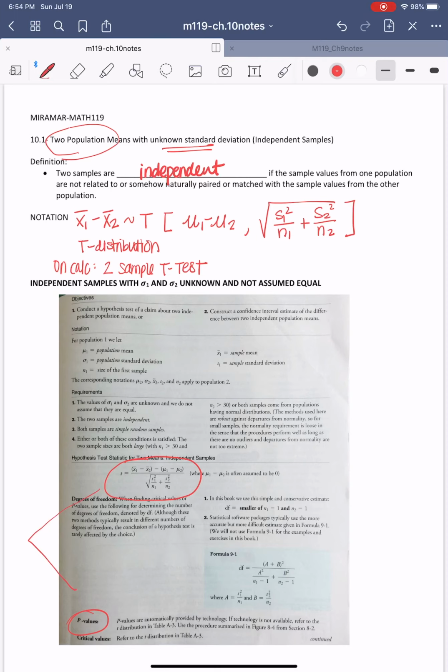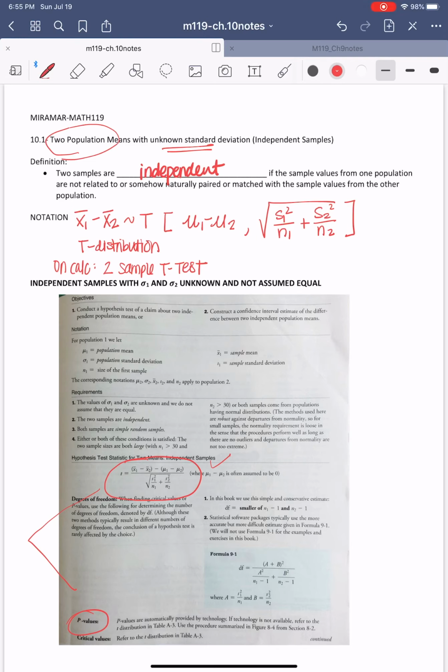So you can manually calculate this here, but the number is messy. There's a fraction over fraction, and then within the fraction, look at the denominator, there's another fraction. So instead of calculating manually, use the two sample t-test, and then you'll get the t-value and then p-value. We'll use a p-value to compare with the alpha to make a decision and then also write a concluding statement.